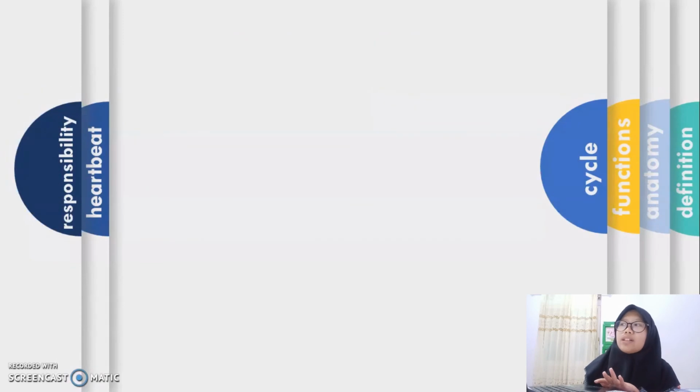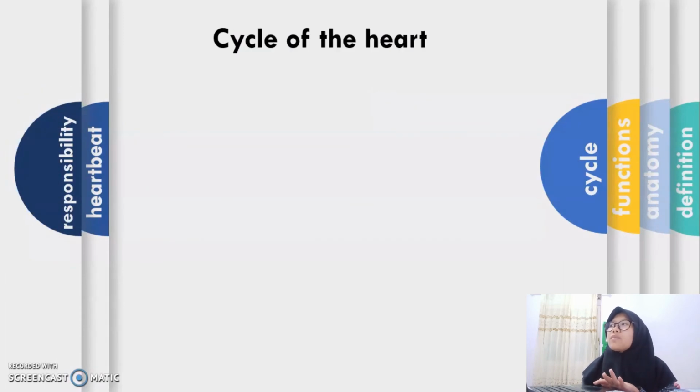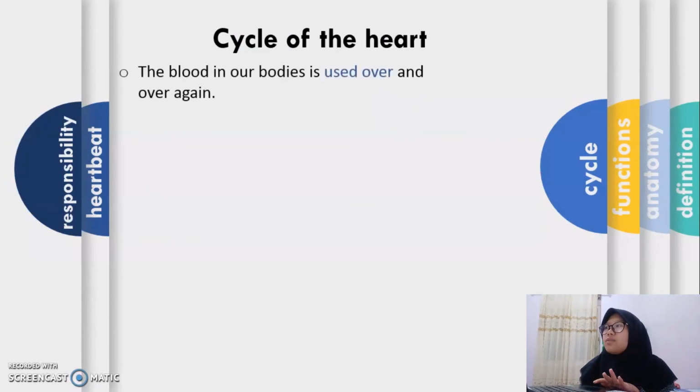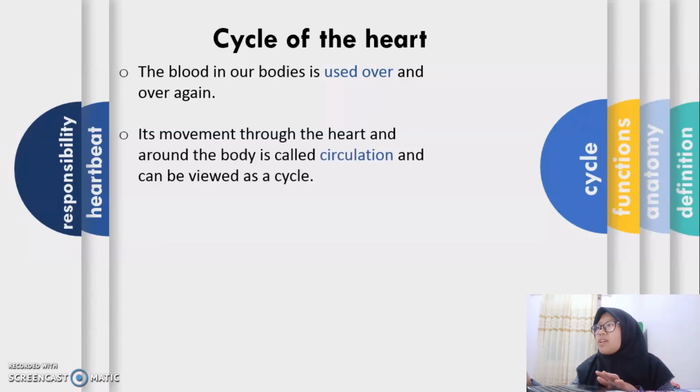Next is the cycle of the heart. First, the blood in our bodies is used over and over again. The second, its movement through the heart and around the body is called circulation and can be viewed as a cycle.